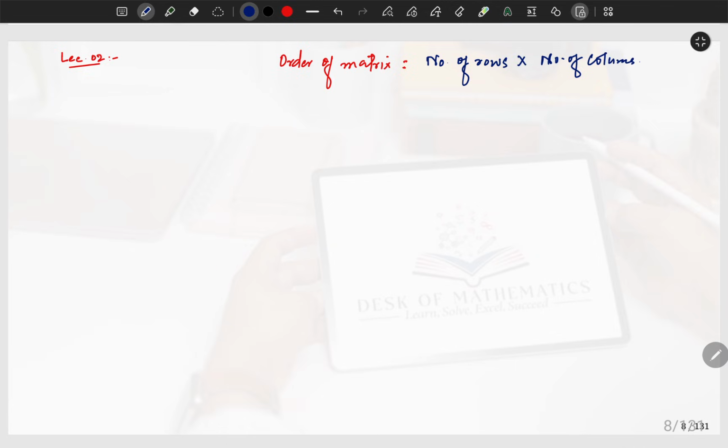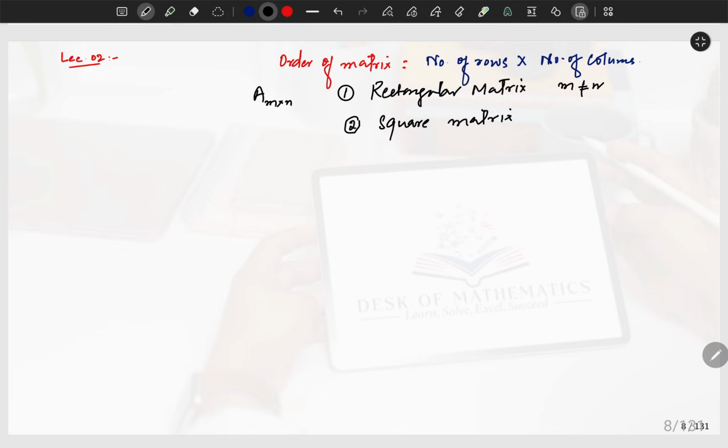And on this basis, we have seen that there is a rectangular matrix. So if a matrix A is of order m cross n, then we say that it is rectangular if m is not equal to n. Second, we say it is a square matrix when m is equal to n.